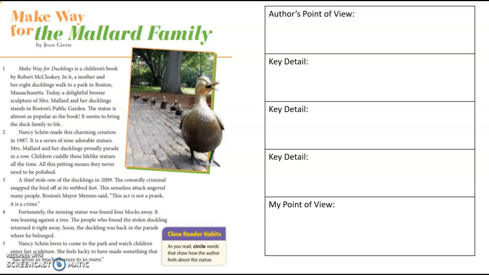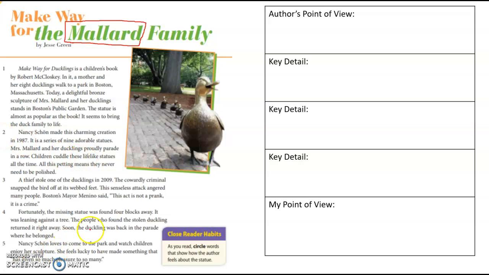Now, are these real ducks? No, these are statues. The word mallard is a type of duck. So mallard might have been an unknown word for you, but by looking at the picture and seeing the word family, we can put together that mallard is this animal, which is a type of duck.